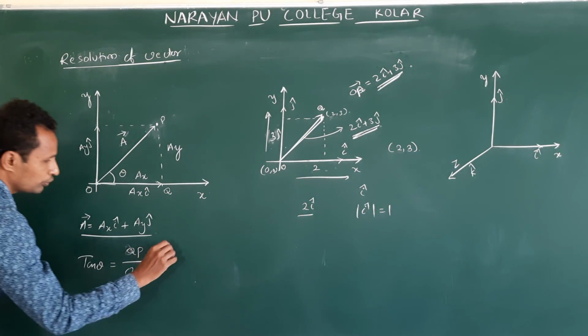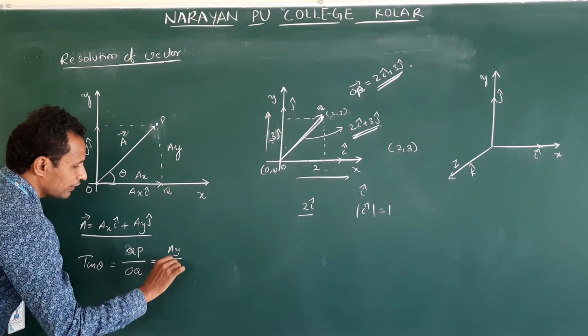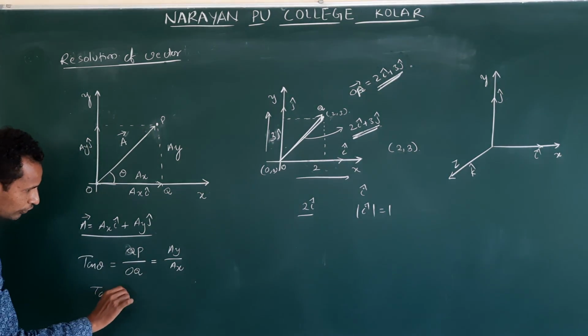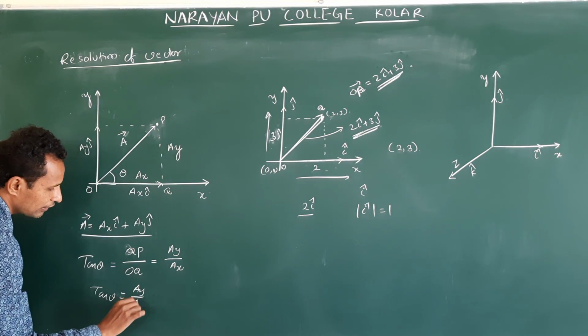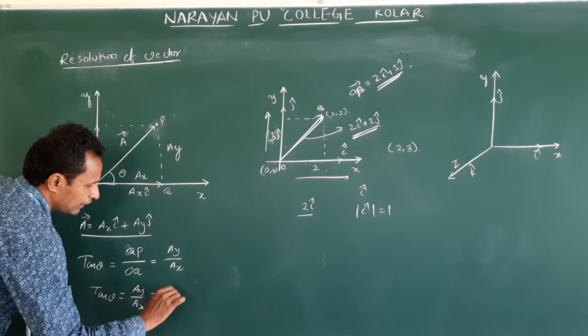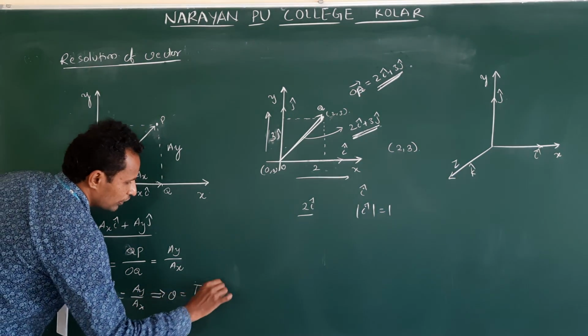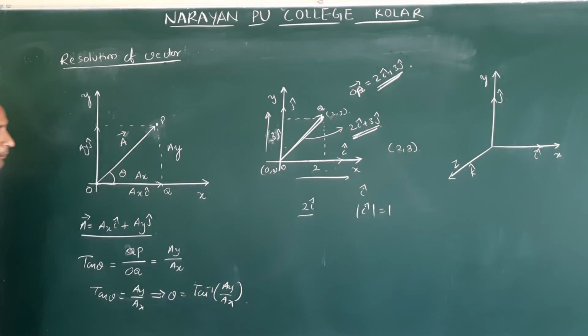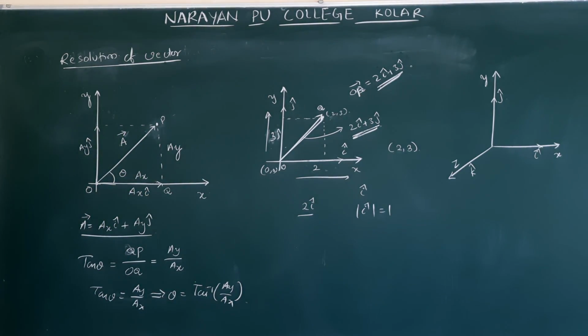This is equal to Ay by Ax. Tan theta is equal to Ay by Ax. Or we can write theta is equal to tan inverse of Ay by Ax. Understand? Now, one more point is there.